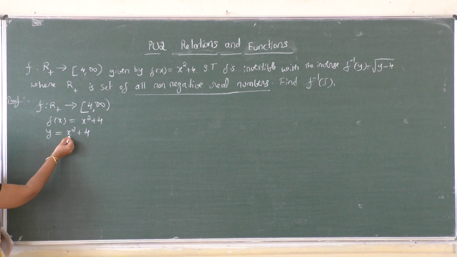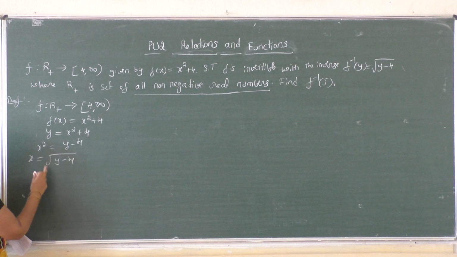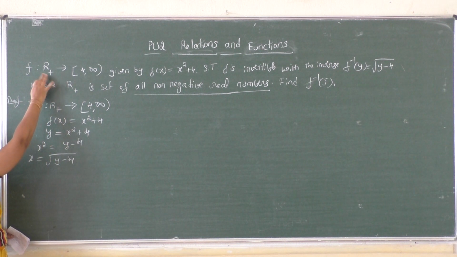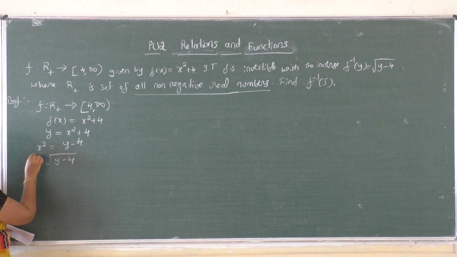From this, x square plus 4 is y, so x square is equal to y minus 4. That means x equals root y minus 4. This element belongs to R plus, the non-negative real numbers. We are not taking negative.